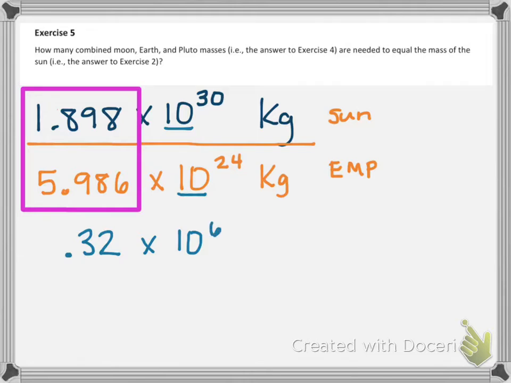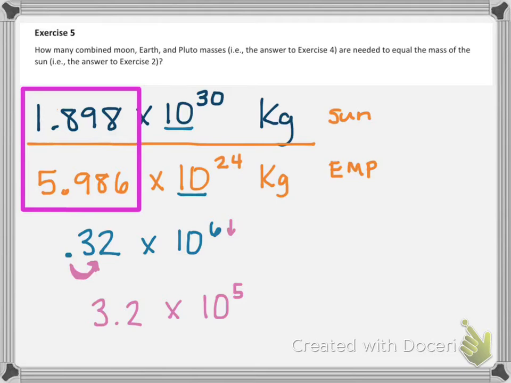So 0.32 now is not in scientific notation, so I'm going to move my decimal. And I have a smaller number. It's now going to be a little bit bigger, 3.2. So that means my exponent has to adjust accordingly, and that's going to be 3.2 times 10 to the 5th power, since I only moved one decimal place.